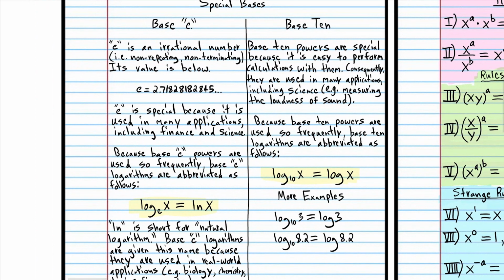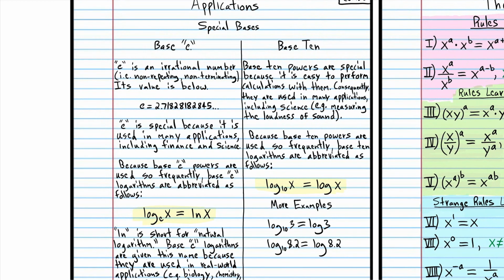Base 10 is a special base because it's very easy to work with, since our number system is based on 10. We have 1, 2, 3, 4, 5, 6, 7, 8, 9, 10 symbols before those symbols repeat. So it's easy to work with base 10 exponential expressions and logarithms, so that's a very important base.